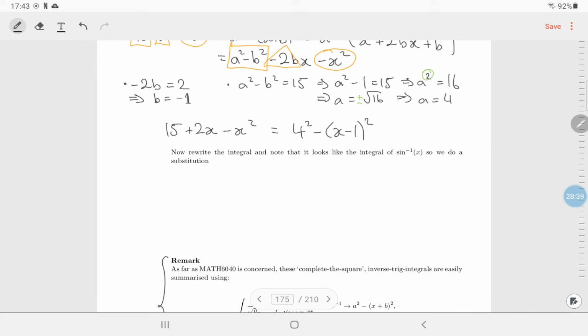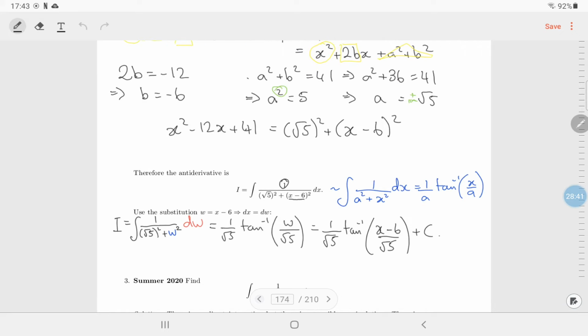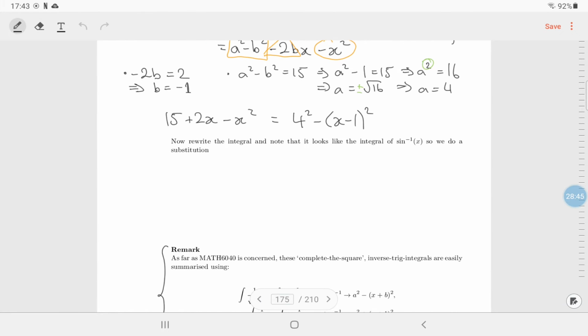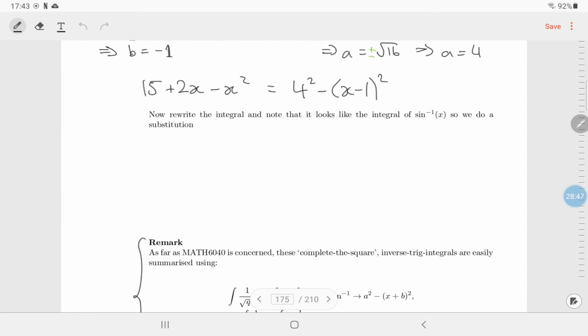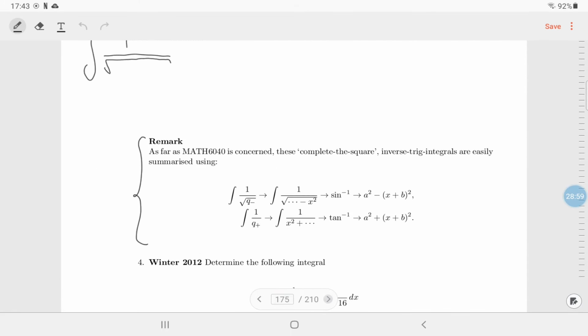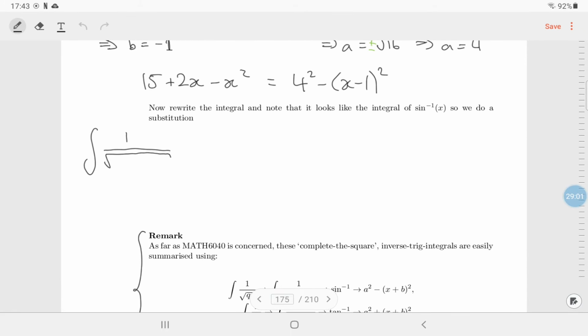So we can rewrite what we had initially, which is the integral of 1 over the square root of that thing on the left, the 15 plus 2x. Is that actually what we had? 15 plus 2x, yeah. But instead of the 15 plus 2x minus x squared, we'll put in the 4 squared minus x minus 1 squared.